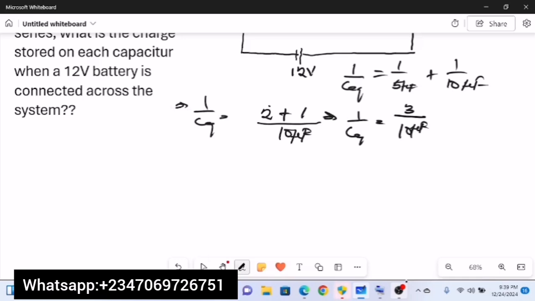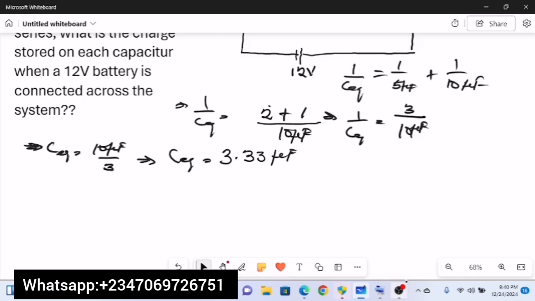So when you invert, C equivalent is going to be equal to 10 microfarads divided by 3. The equivalent capacitance is 10 divided by 3, that gives us 3.33 microfarads. So the equivalent capacitor is approximately 3.33 microfarad.